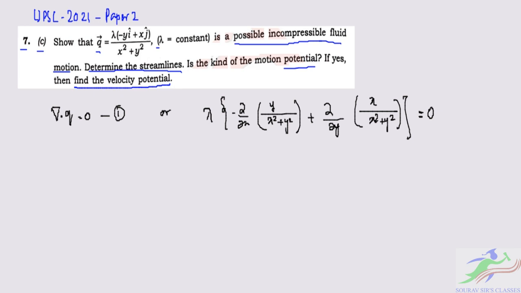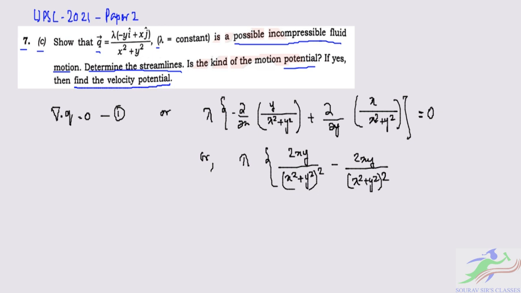Or we can write this as lambda times 2xy by (x square plus y square) whole square, minus 2xy by (x square plus y square) whole square, that is equal to 0.